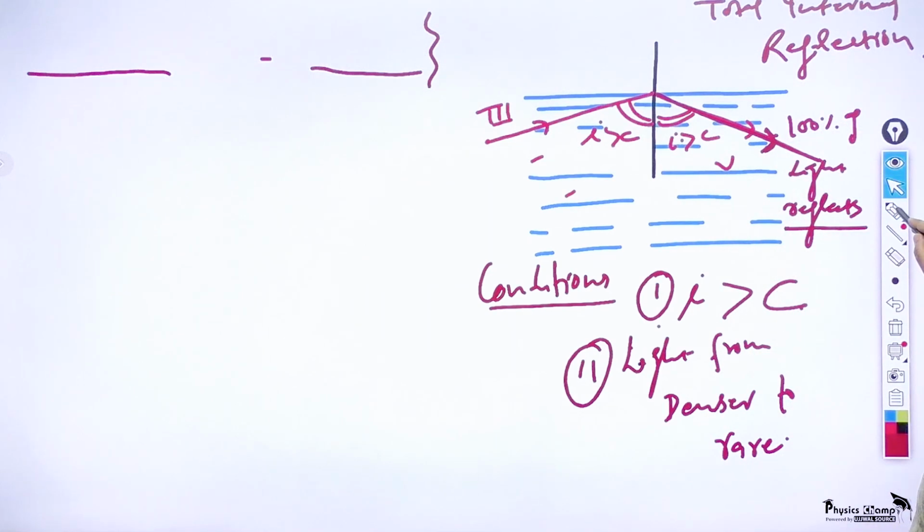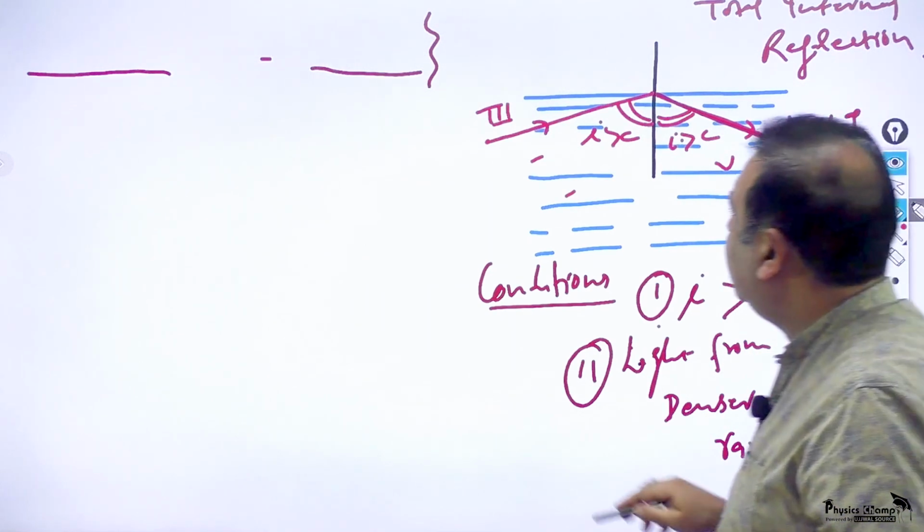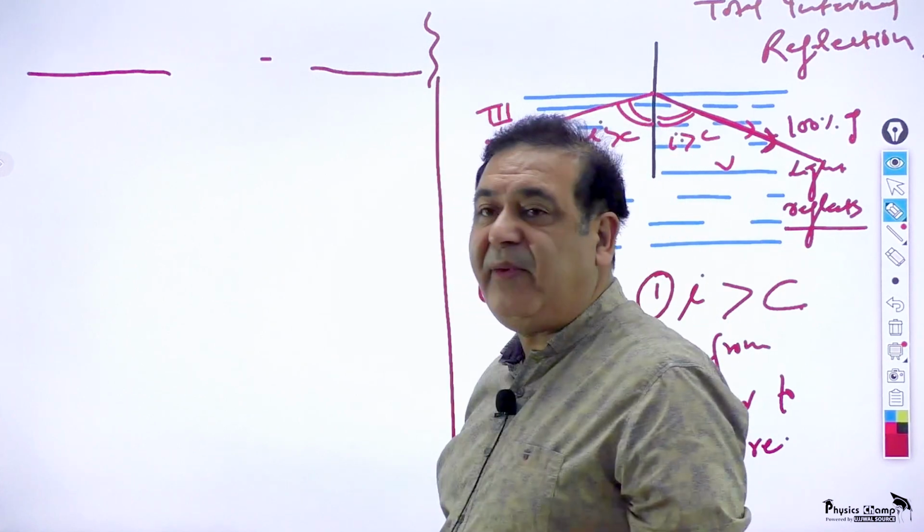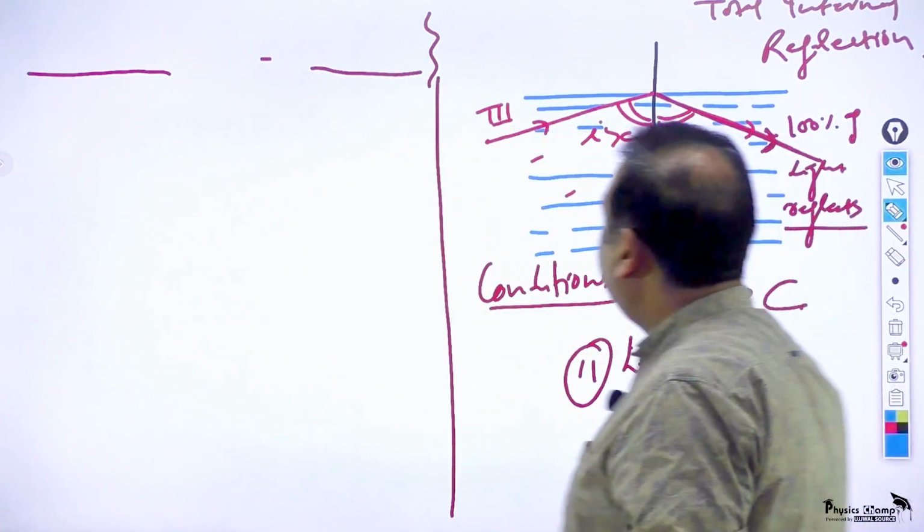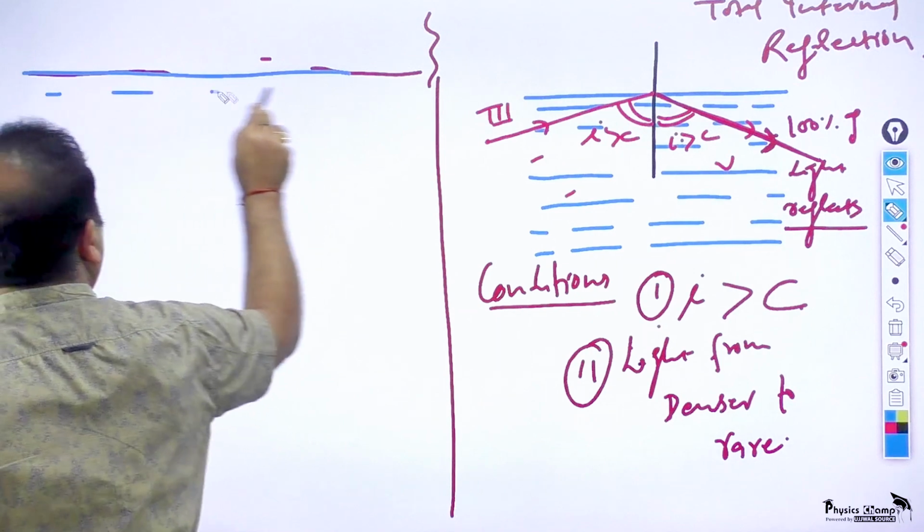So if we wish to make a relation of critical angle with the refractive index of the medium, we just recall the conditions.